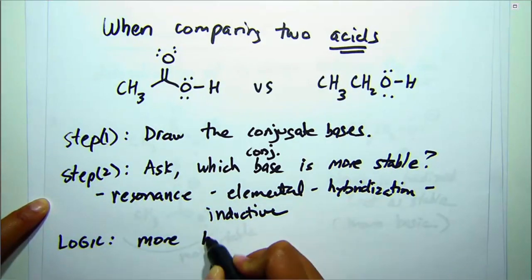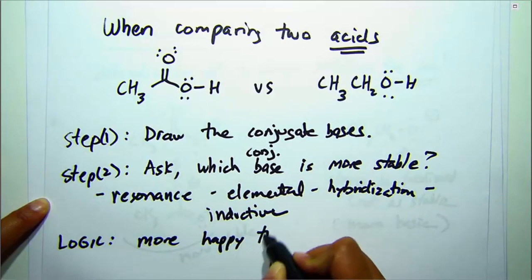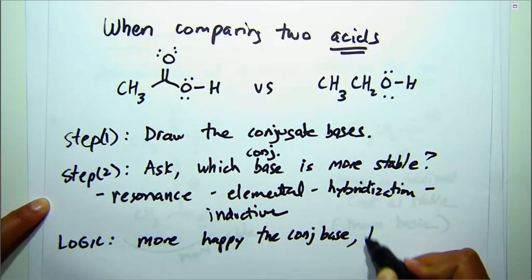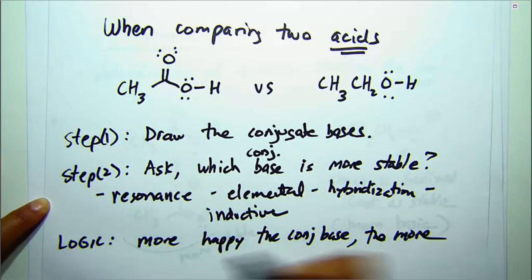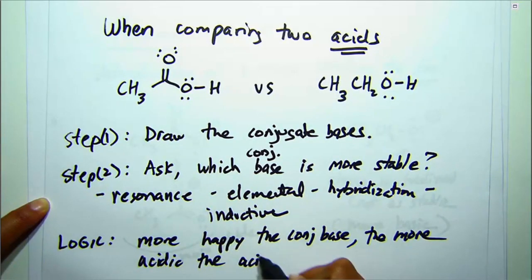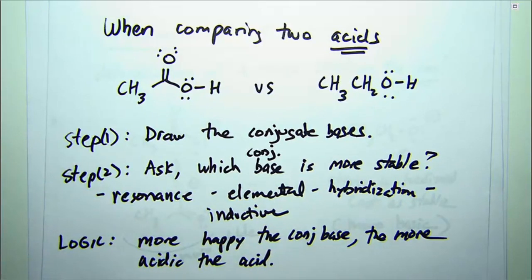The more happy the conjugate base, the more acidic the acid. Right? That kind of makes sense, because if an acid is really strong, it's going to really want to give up its protons. And it's going to form a conjugate base that's really happy, stable, being an anion. Okay, this is the key logic that you're going to use.